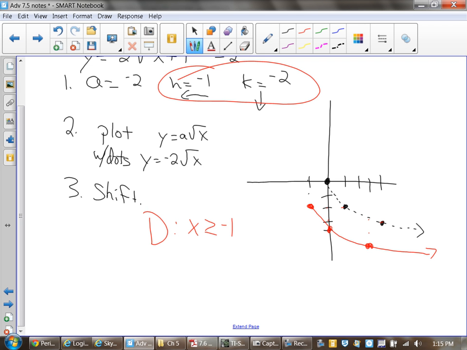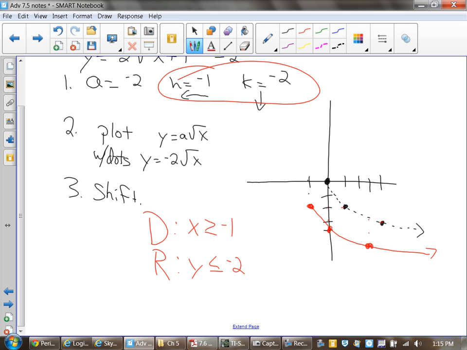Greater than, because I'm still moving this direction. All right. And then my range, what's the highest value of y? Negative 2. So it means my range is going to be less than or equal to negative 2.